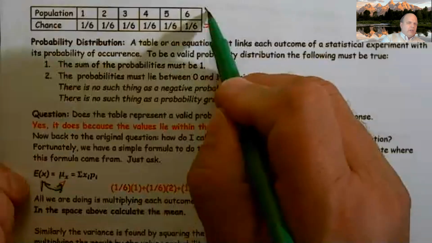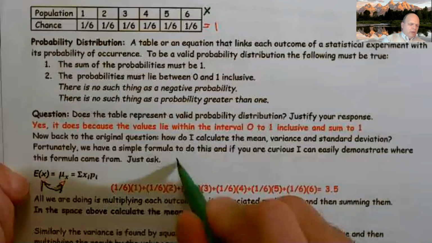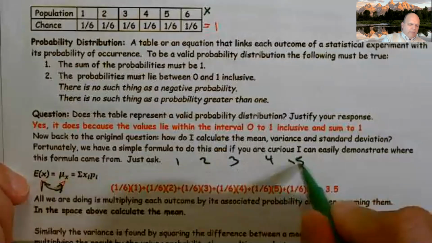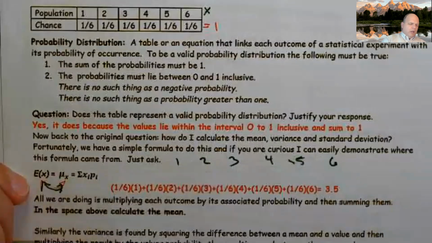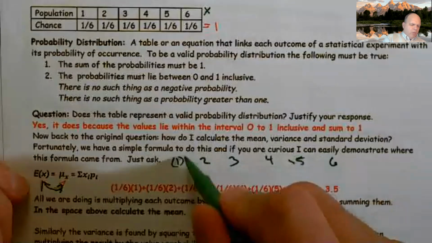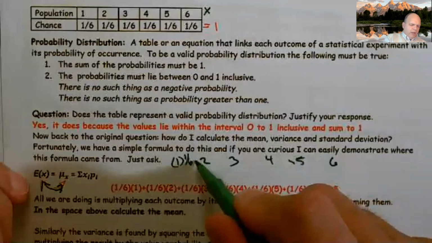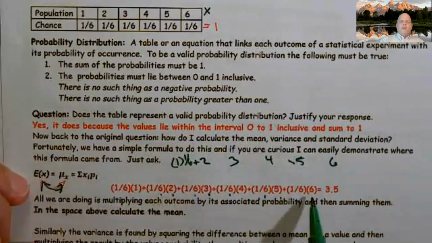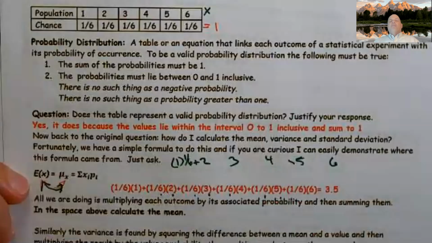This was my x list, which is 1, 2, 3, 4, 5, and 6. And how often can a 1 happen? Well, 1/6 times 1 plus 1/6 times 2 plus 1/6 times 3 plus 1/6 times 4 plus 1/6 times 5 plus 1/6 times 6 equals 3.5. So when you roll a die, you actually expect to get a 3.5.